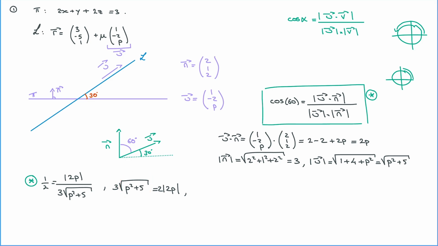So hopefully you can appreciate that that turns into 9 times, in parentheses, p squared plus 5. And on the right-hand side, both terms in that product get squared. So 2 squared times the absolute value of 2p squared. That's when you get rid of the absolute value. So technically, that's going to turn into 4 times 4p squared.